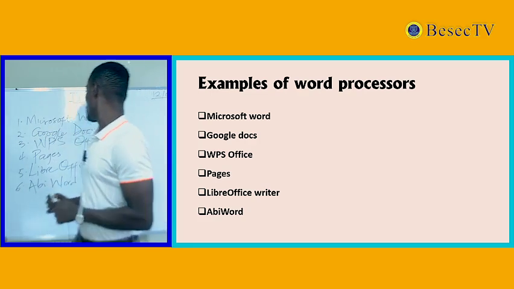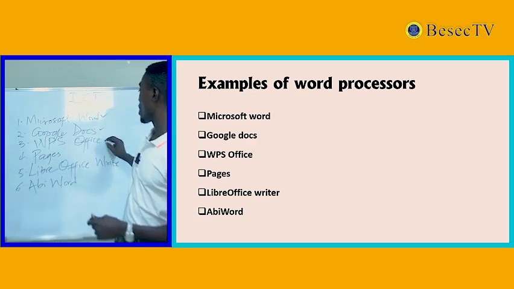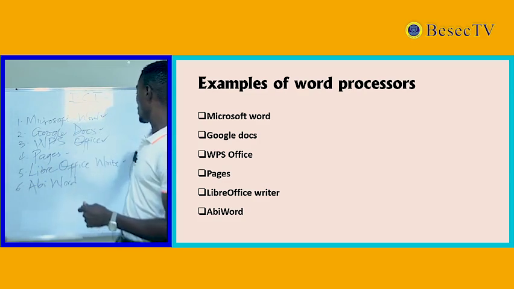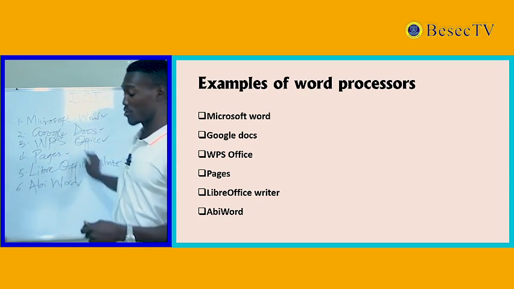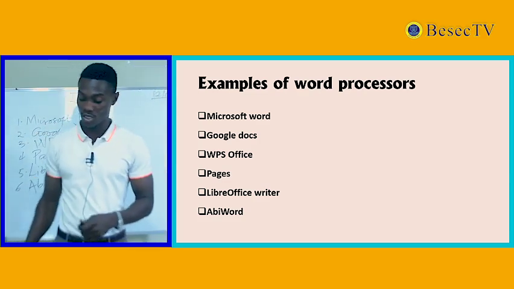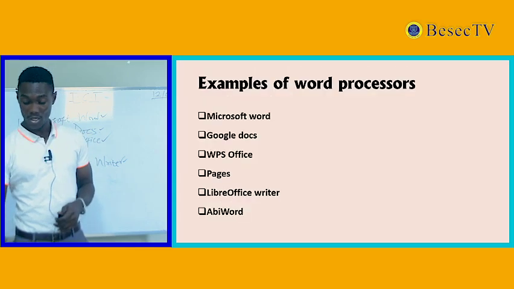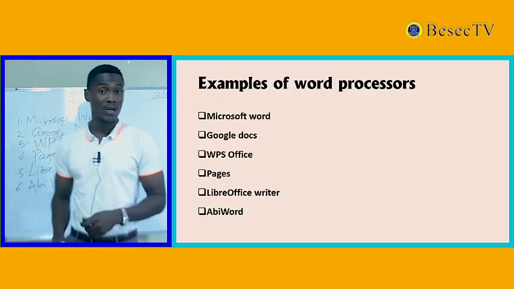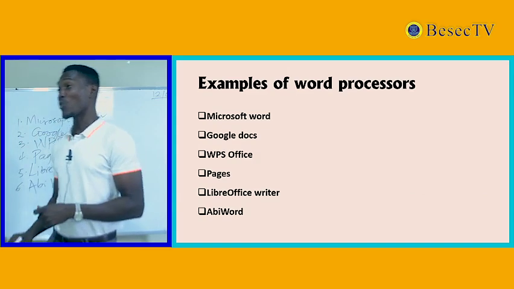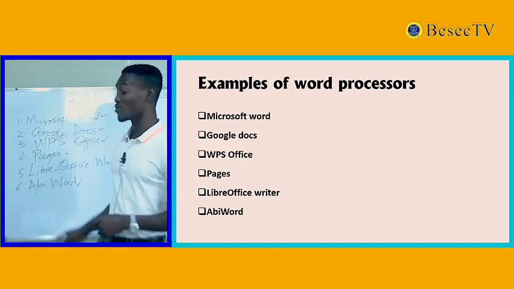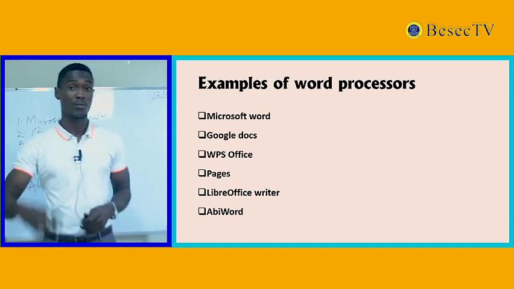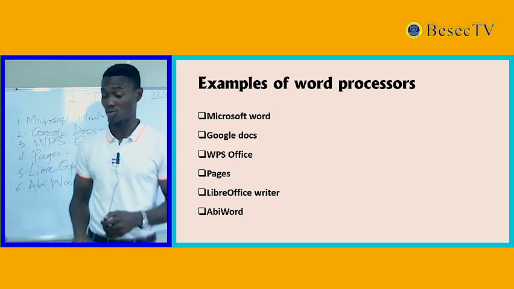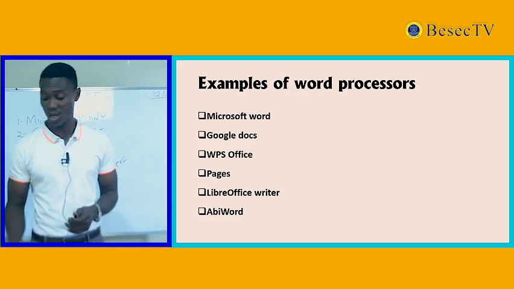Then we have the Google Docs, then WPS Office, Pages, LibreOffice Writer, then the AbiWord. So these are 6 examples that we have. And remember, word processors are not only 6, but these are 6 that I'm giving you. You can further research more word processors online to get to know other word processors that we have.